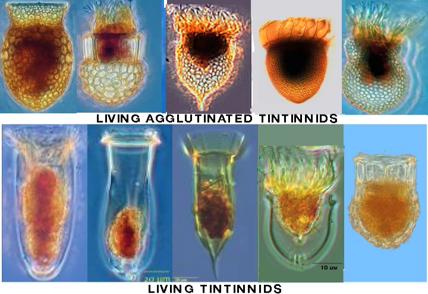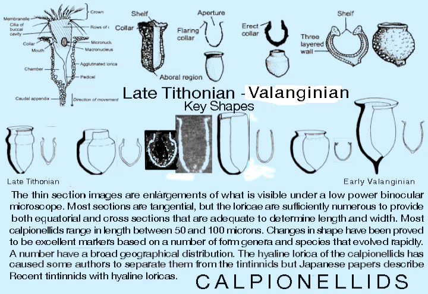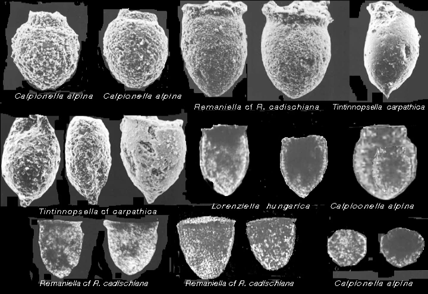Chitinous loricae occur in strata ranging in age from Ordovician to recent, but the fossil record is not continuous, so they are little used for biostratigraphy. In fine-grained limestones of late Tithonian, early Valanginian age, hyaline-walled forms called calpionellids flourished. Rapid evolution and widespread occurrence make the calpionellids excellent biostratigraphic markers in the limited range of their occurrence.